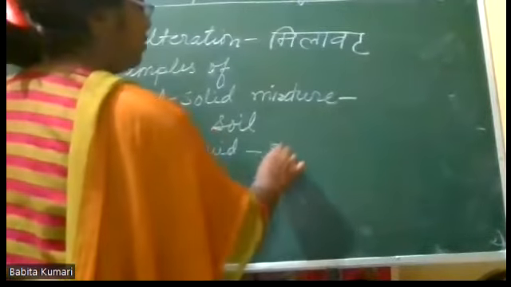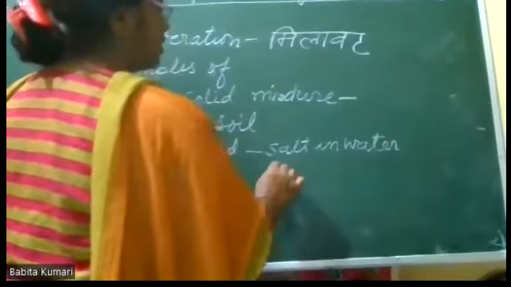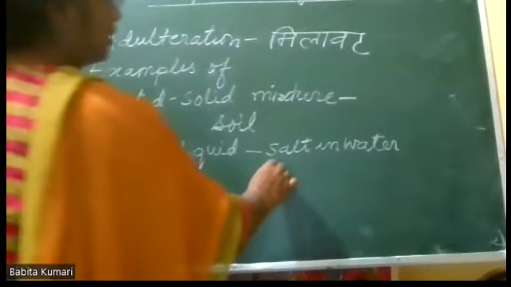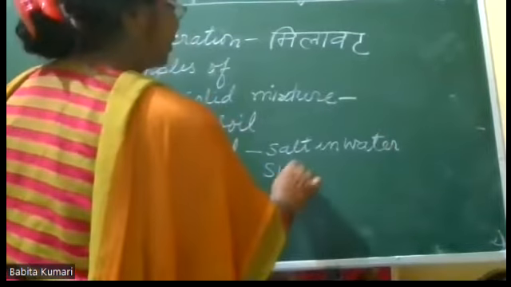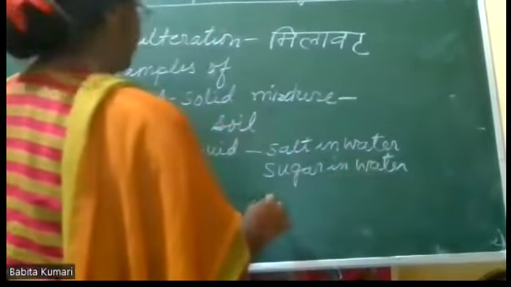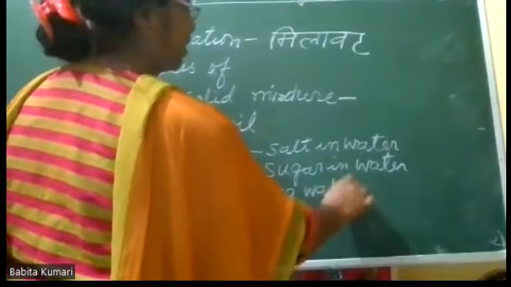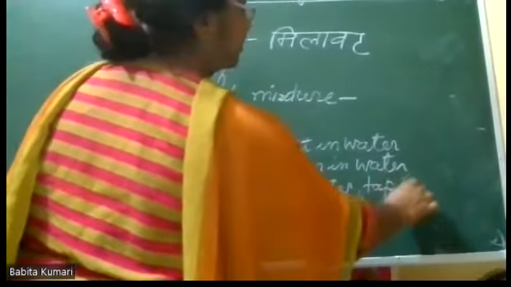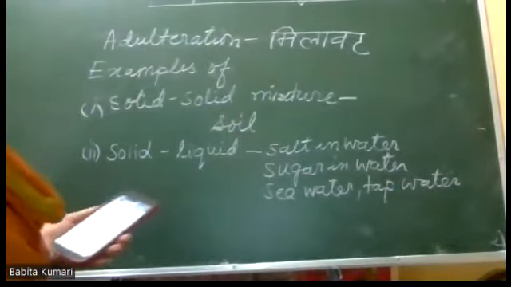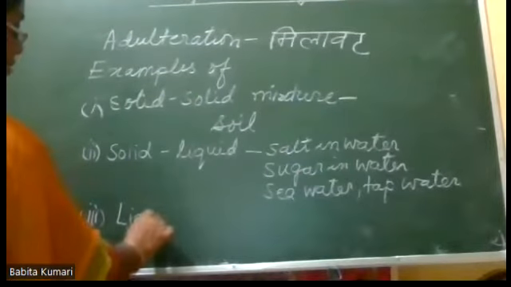Sugar in water, sea water, tap water, isn't it? Sea water, yes, tap water, anything you can get. Okay. Then next we can talk about the third one, liquid mixture.